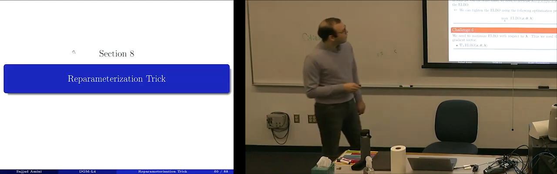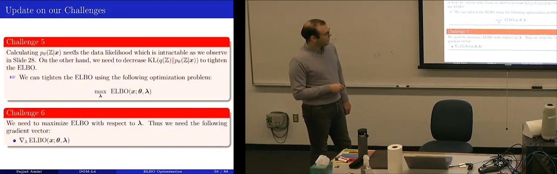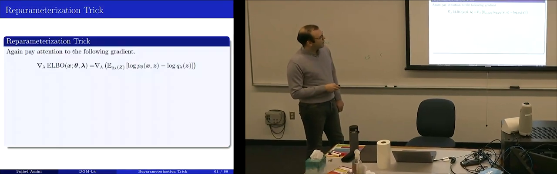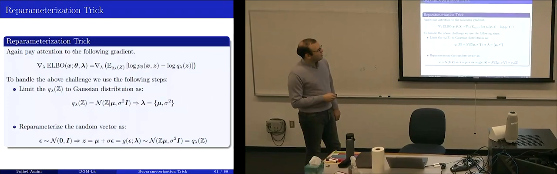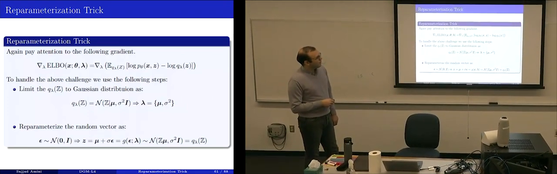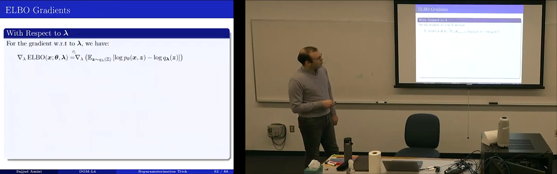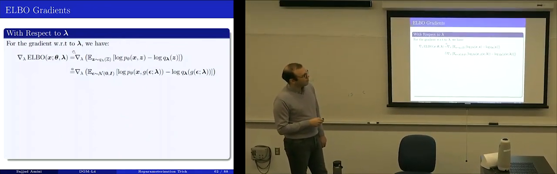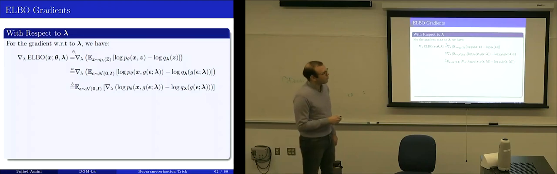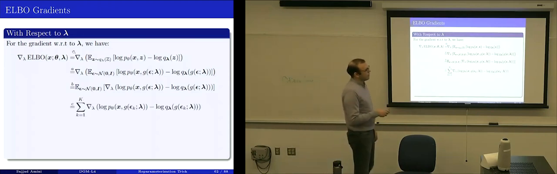The solution here was a trick that we called the reparameterization trick. By limiting the distribution Q to a Gaussian distribution family, you can switch from the expectation over Q to an expectation over the standard normal distribution, and then you can change the order, and then you can use the Monte Carlo estimation to estimate this term.